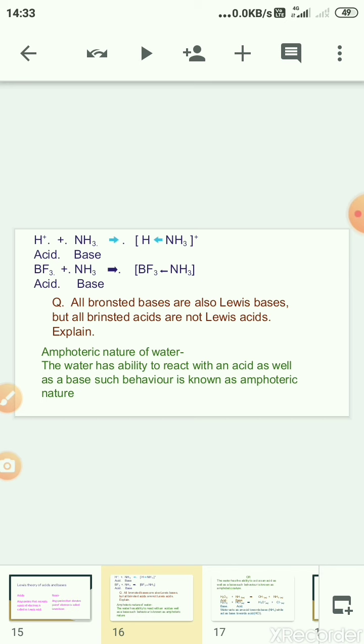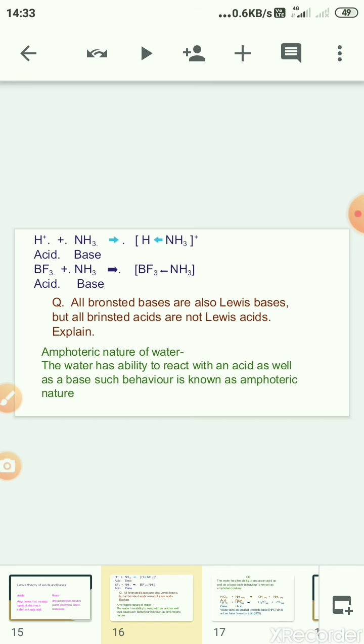Now see, according to Bronsted-Lowry theory, an acid is a substance which donates H plus ion to another substance, or which gives a proton to another substance. But according to Lewis theory, the species which accepts a lone pair of electrons are called Lewis acids.